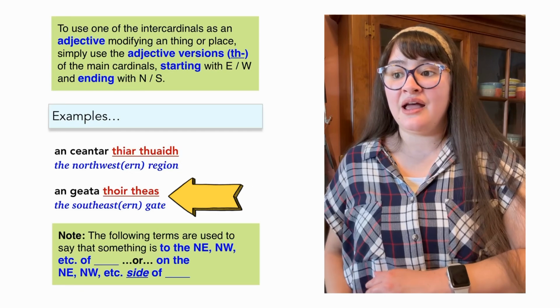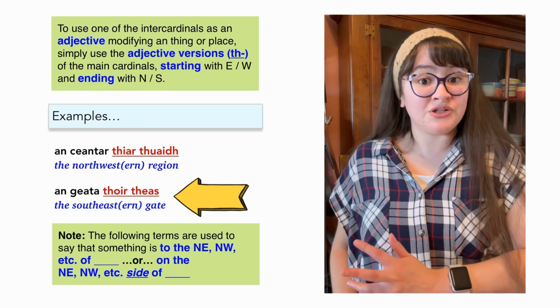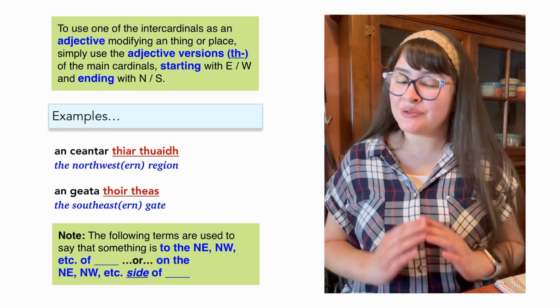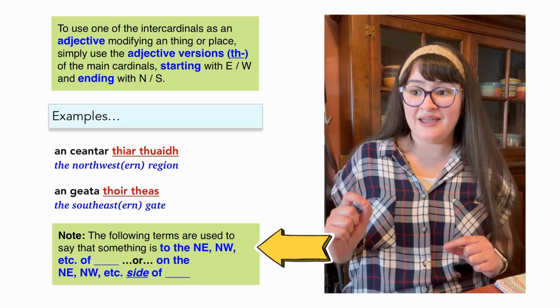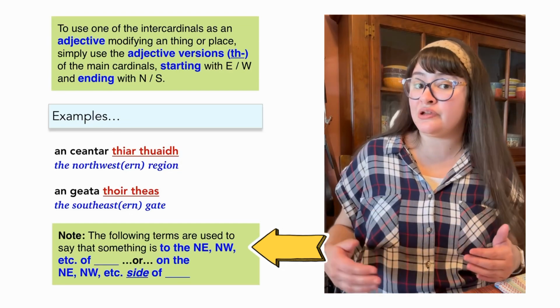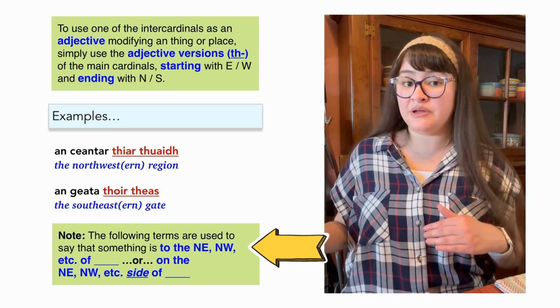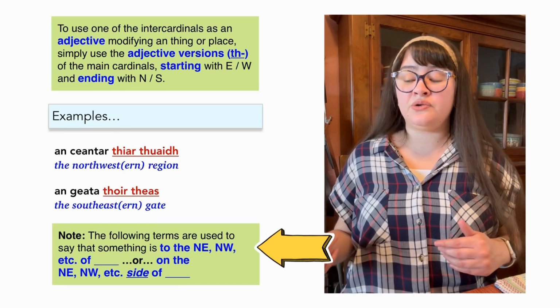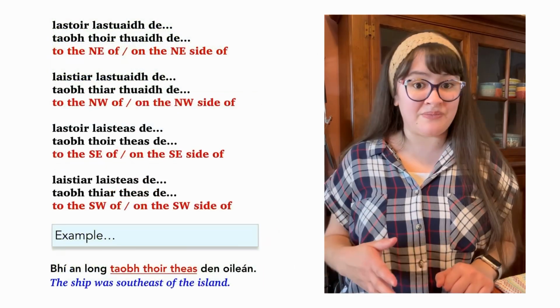Next example, Angata Hey Has, the southeast gate, or the southeastern gate. And similarly to the main cardinals in the next box, note the following terms are used to say that something is to the northeast, northwest, southeast, southwest of something, or on the northeast, northwest, southeast, or southwest side of something.